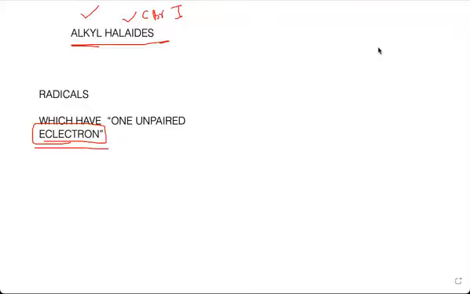No, dear, free radicals are not only atoms. A free radical could be any species, molecule, compound, or atom which has one unpaired electron. Let me tell you one more thing about the free radical. You have to note that point also. A free radical has one unpaired electron, but keep in your mind, it is not a charged particle. It should be neutral.